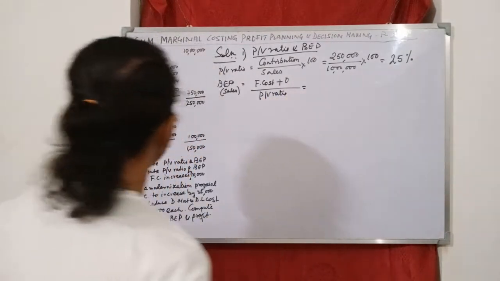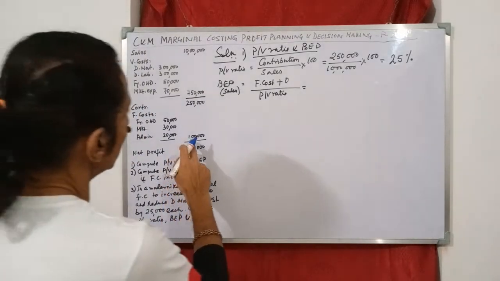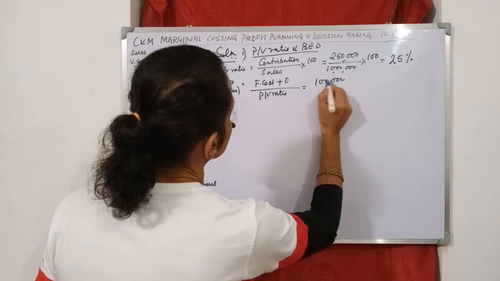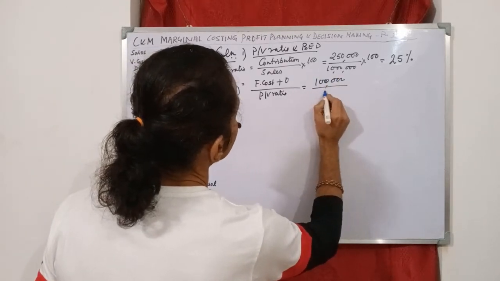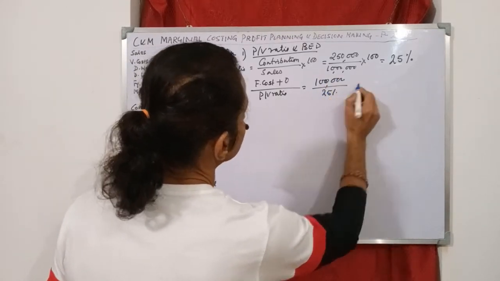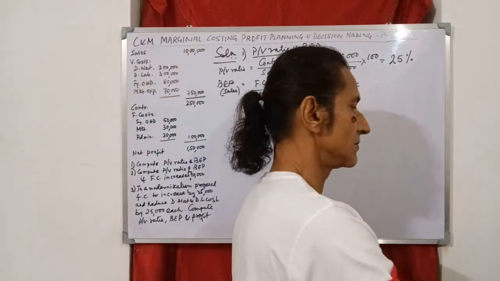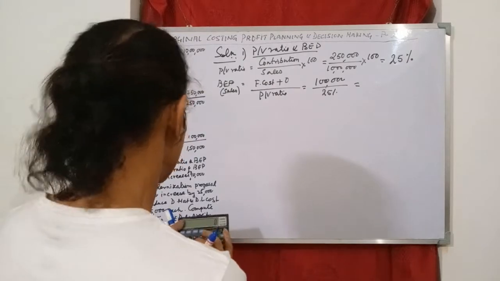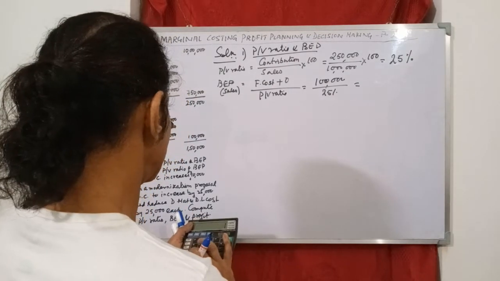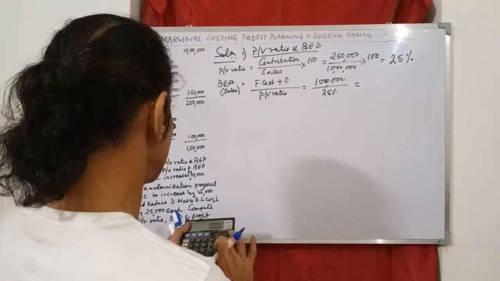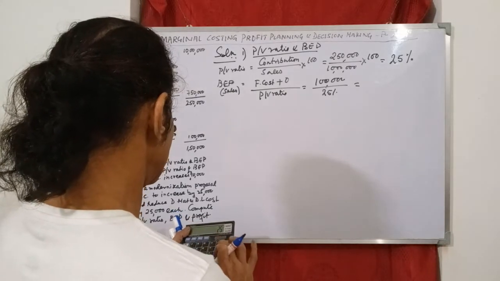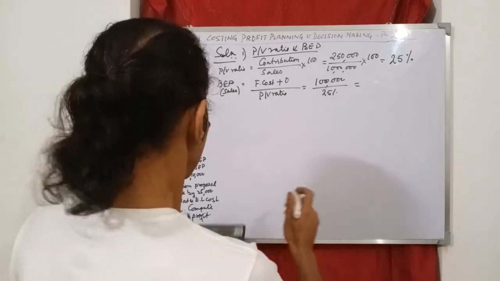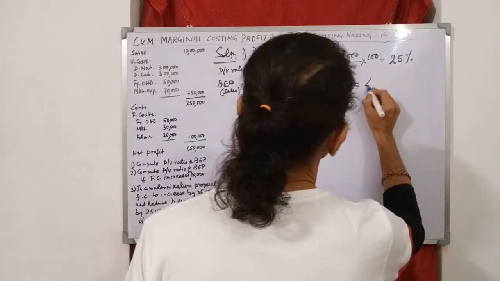So how much is the fixed cost? 100,000. So 100,000 divided by 25%. Let me use the calculator. Let's see what it comes to. $400,000.